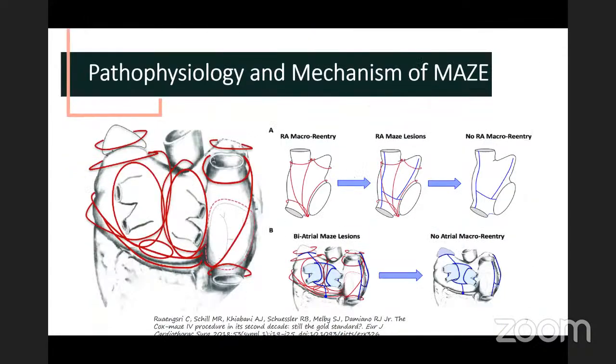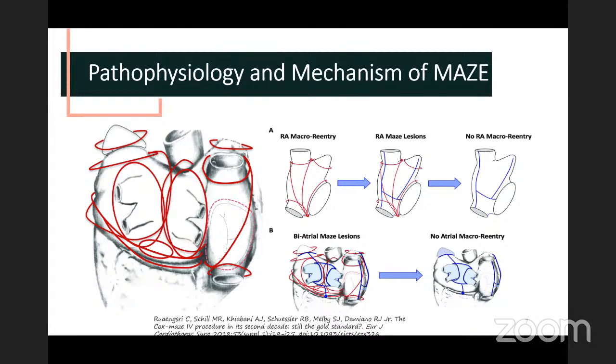So the pathophysiology of AFib and the mechanism of the Maze procedure is basically related to the macro re-entry circuits in the diagram shown as the red circles and lines. And this has been described after advanced studies of the phenomena of atrial fibrillation using electrophysiological mapping in multiple patients, finding the triggering points that cause the atrial fibrillation.